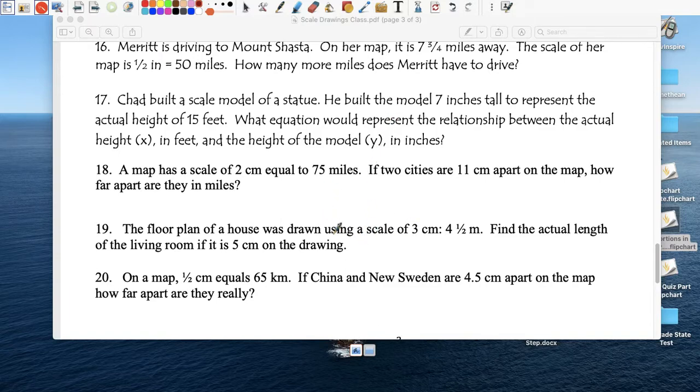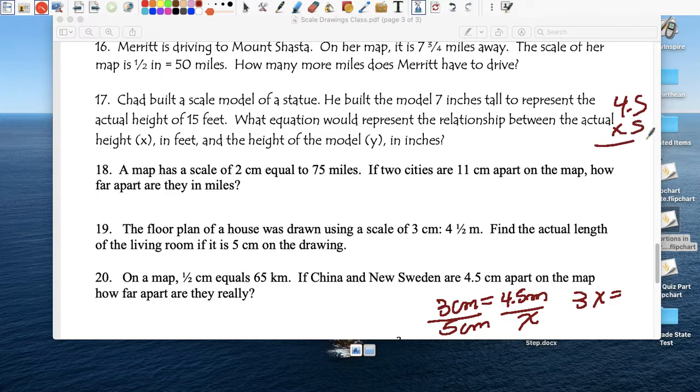Number 19, the floor plan of the house, 3 centimeters. Little room. 3 centimeters is 4.5 meters. Find the actual length of the room if on the drawing the living room is 5 centimeters. Again, like I said, very repetitive. So we get 3x equals 5 times 4.5.